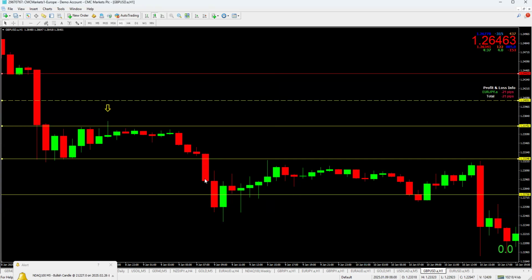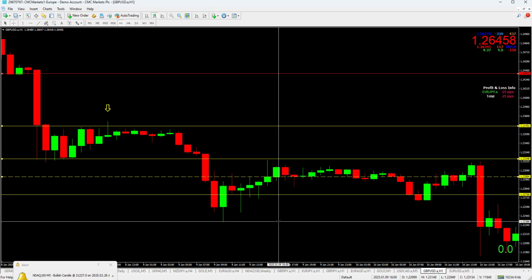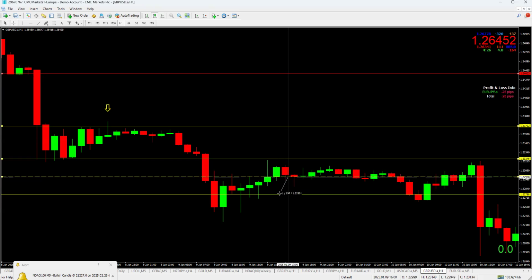This is the one that broke out, retested, came and closed here. So assuming you entered here, to TP1, that's like 21 pips. At least get that. Because you're in a trend, you know it's going to give you more.